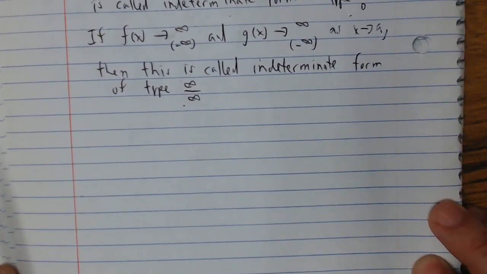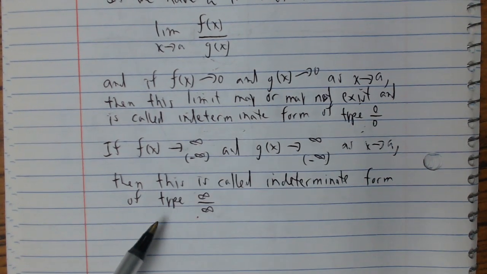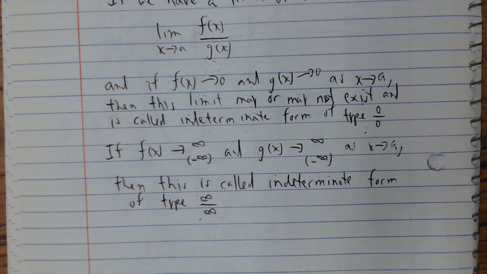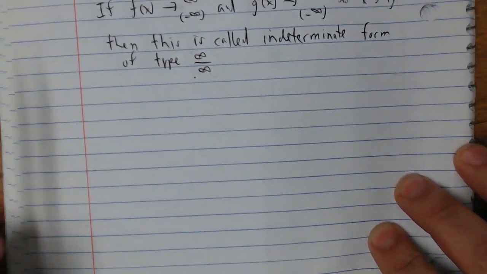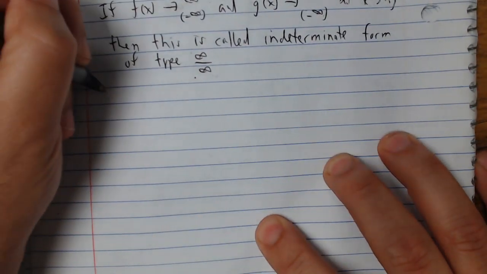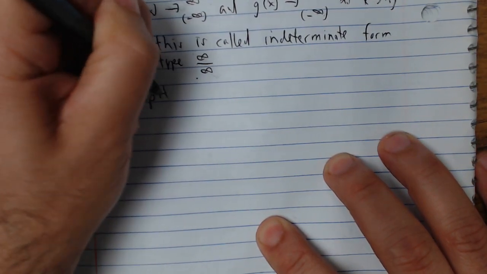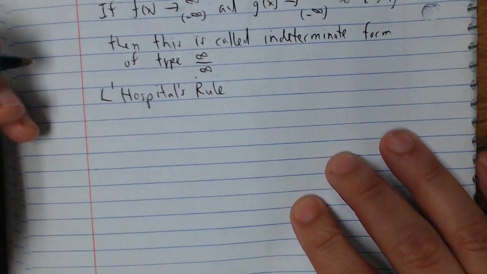Now, when we have indeterminate form of type 0 over 0 or infinity over infinity, the good news is we have a nice and convenient way of checking to see if this limit exists or not. And that method is L'Hopital's rule. So let's define what L'Hopital's rule is, and then we'll put this to use. L'Hopital's rule says the following.